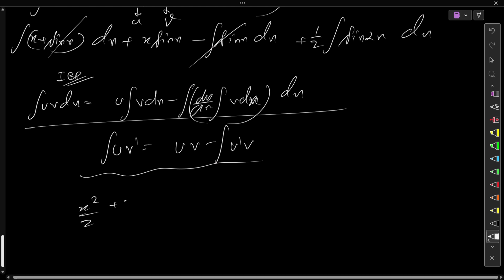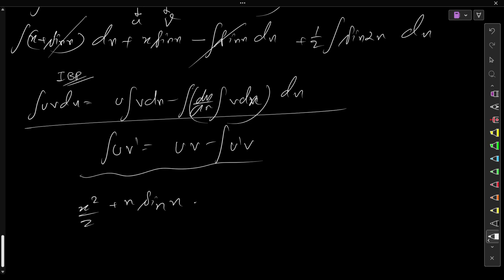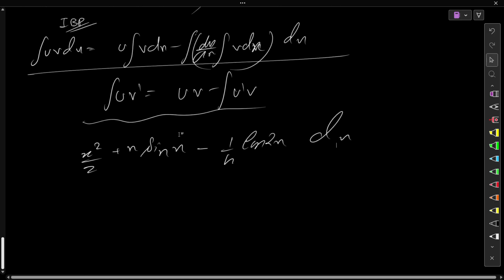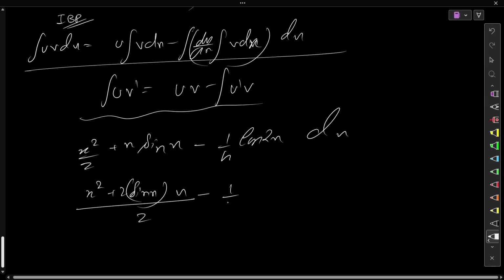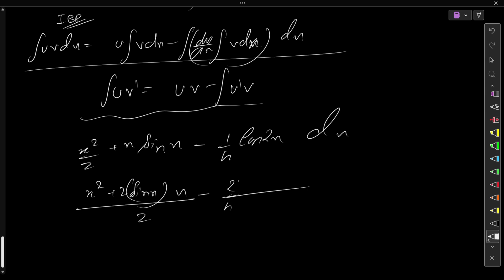I am evaluating the integral, so x square by 2 plus x sine x, minus 1 by 4 cosine 2x, right? So x square plus 2 sine x multiplied by x, minus 1 by 4 into 2, 1 minus 2 sine square x.